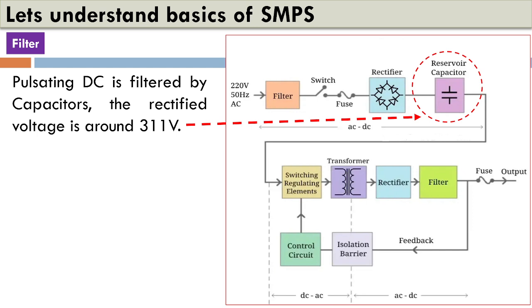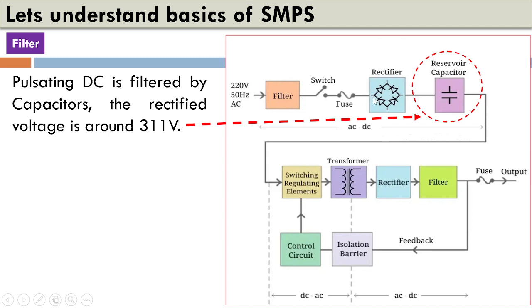Now, as you all know, when a particular thing is rectified, we get a pulsating DC at the output. We have to remember one thing here: we are directly rectifying the line voltage, which is 220 volts, and this 220 volts is the RMS voltage. So, if we convert that into peak, we will get a voltage approximately equal to 311 volts.